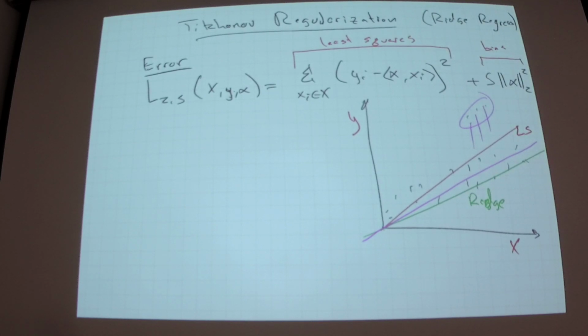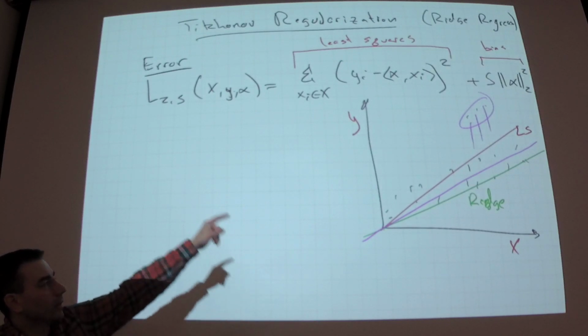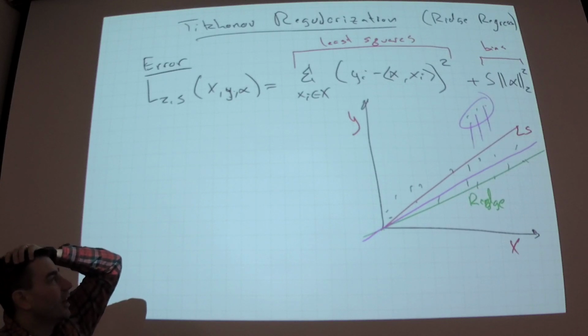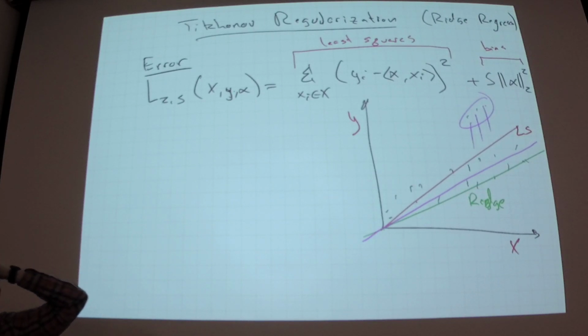And the proof that you can get around the Gauss-Markov theorem is basically that you can look at the derivative of this with respect to alpha, and you can see that as the alpha values decrease, the bias term is going to decrease, and the least squares term is actually going to increase.